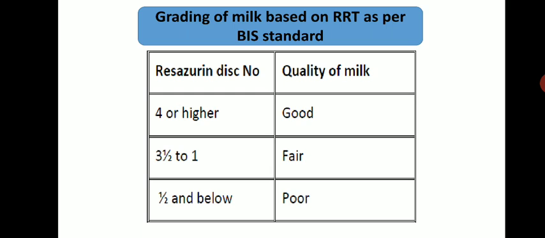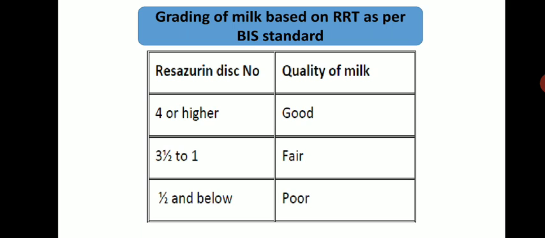If the reduction of color is observed at more than 3 hours, then the milk quality is considered unfair. And if you get sooner decolorization of this dye, within half an hour, then the milk is considered of poor quality.